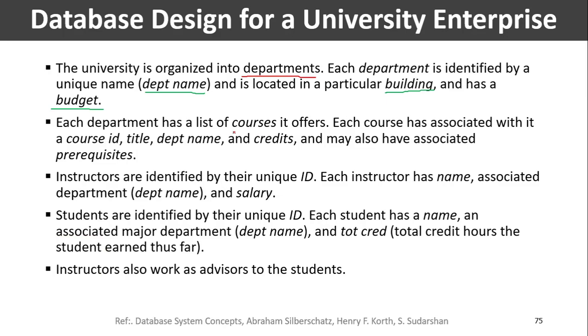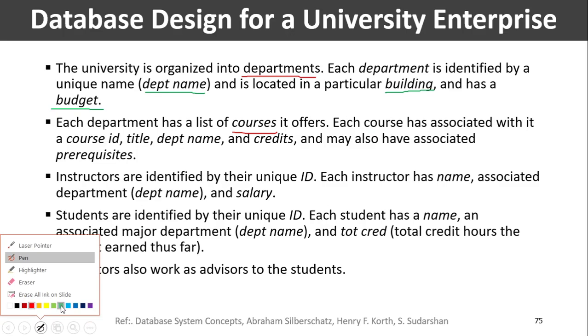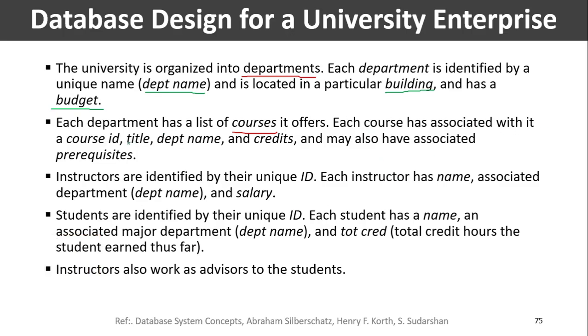The next statement is that each department has a list of courses it offers. So we may have course as one of the entity sets, and every course has some attributes. Each course has associated with it a course ID, title, department name and credits. These will form the attributes of the entity set course. Also it is mentioned that it may also have associated prerequisites.